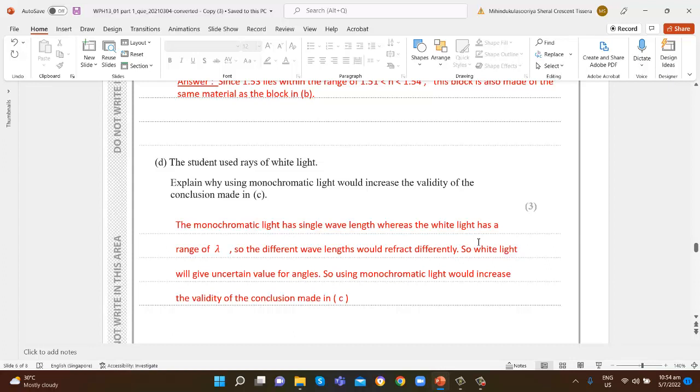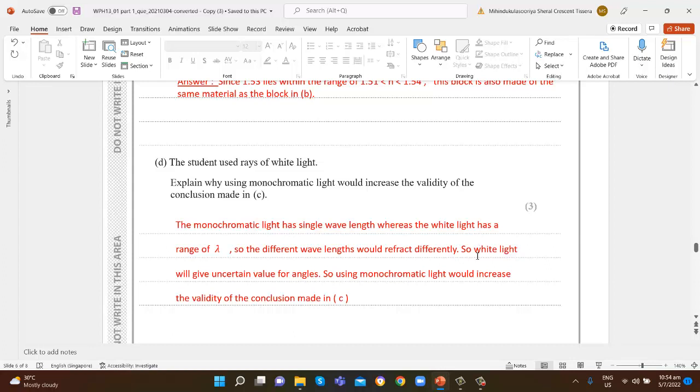So if a mixture goes through glass, what will happen? Different wavelengths will give you different angles. So monochromatic light is better than white light.